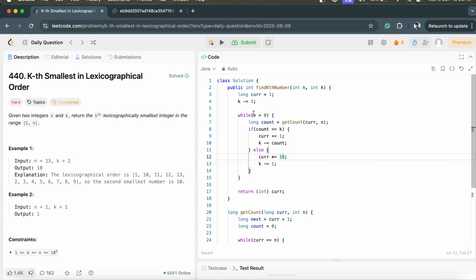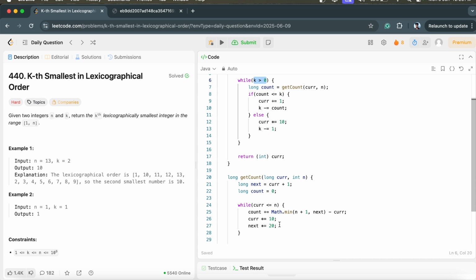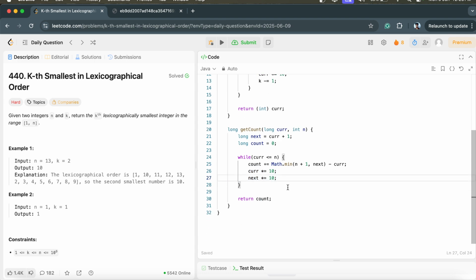Let us see here, k got decremented, k is greater than 1. So long count is what we are trying to get for current, and we are shifting our focus. Next is something we got updated, so it should be multiplied with 10. Okay, it shouldn't be multiplied with 10. Sorry for that blunder. But of course, we are trying to see ranges between 10 to 20, then 100 to 200, right? Whatever the next we have, we are simply multiplying it with 10. I think that was the mistake.